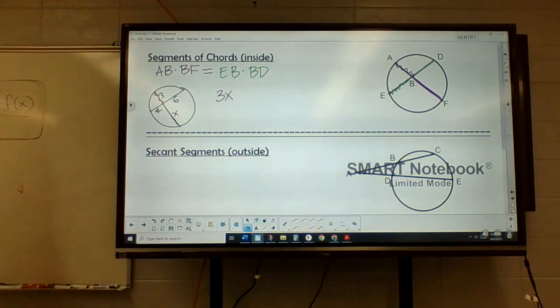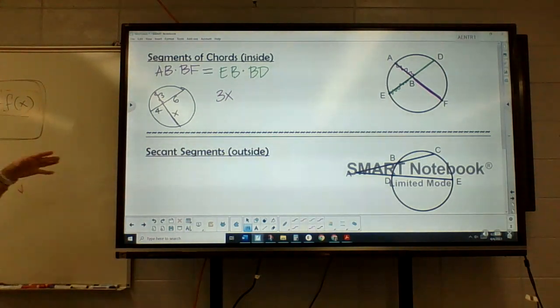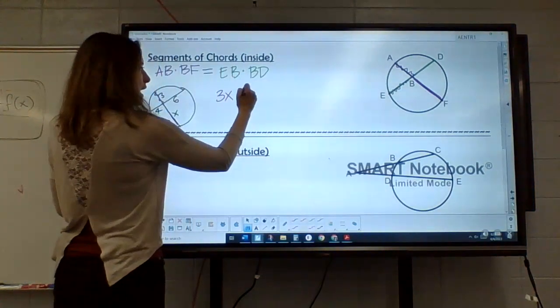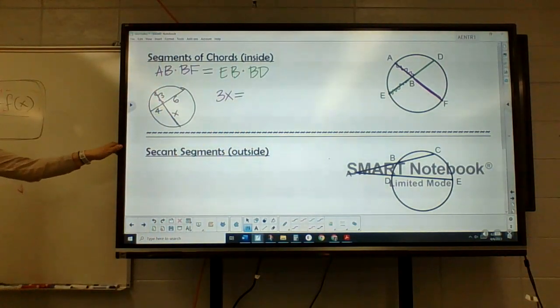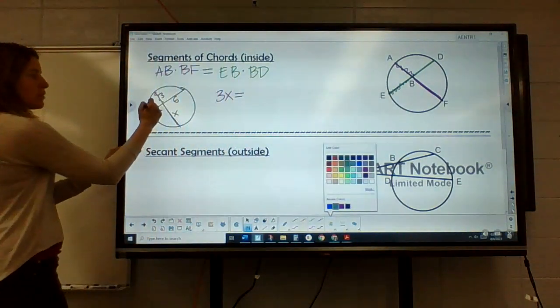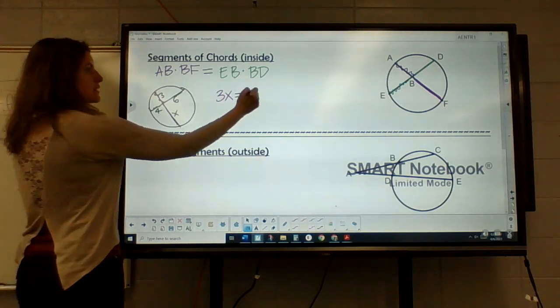It's kind of a crazy formula how this works. I don't know who came up with it, but it's pretty clever that this works. And that's going to equal the other two parts multiplied, so this 4 times the 6.